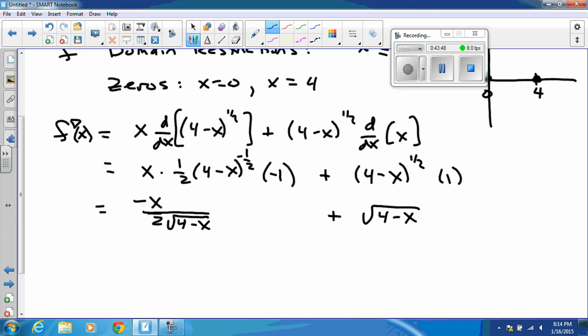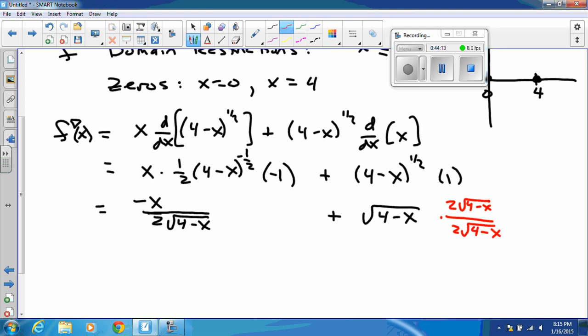And now we're going to need to clean this up a little bit. This is going to give us x times 1/2, or x over 2, times -1, times 1 over the square root of 4 minus x for our first term, plus the square root of 4 minus x for the second.